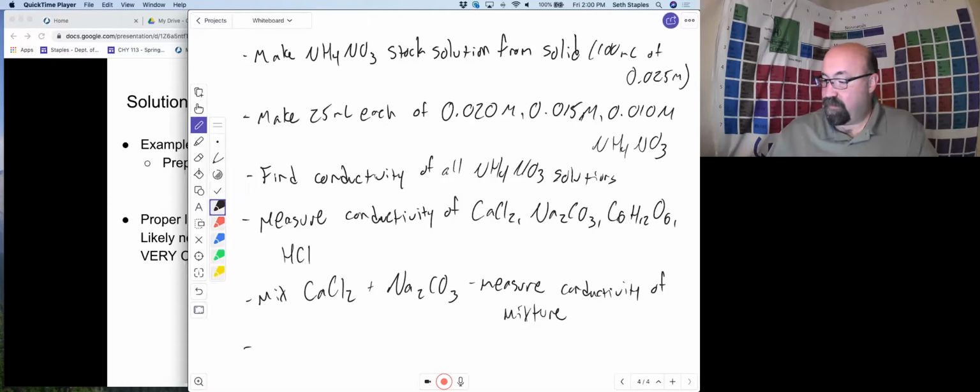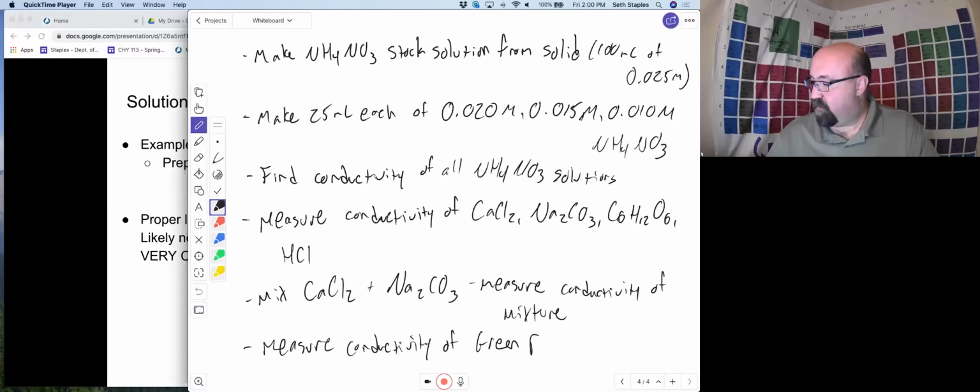And then lastly, Green River project. Measure the conductivity of all of your Green River samples. And so you're going to get these conductivity values.